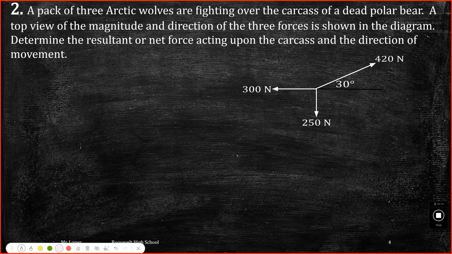So in this particular one, let's go ahead and break down the horizontal net force and then do a vertical net force, and then we draw the triangle that maybe we can get from it.